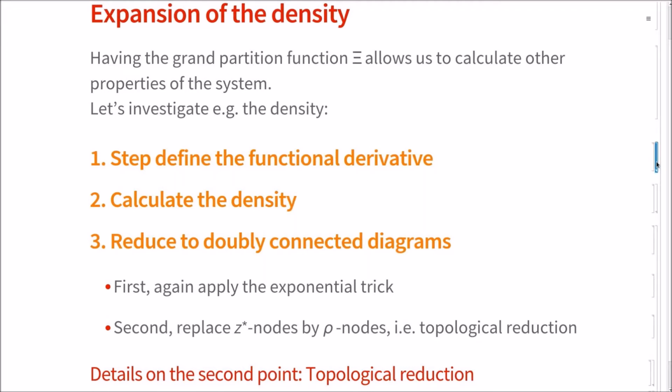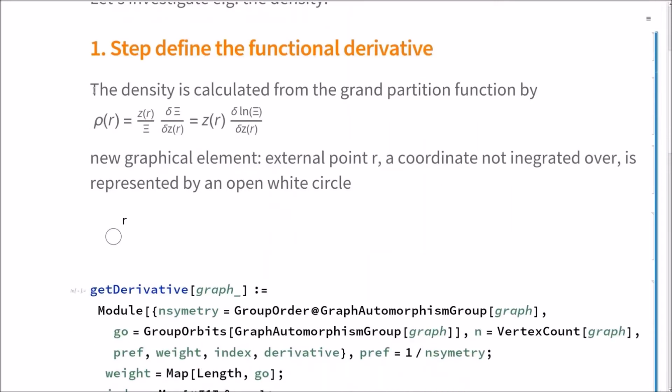density. And the density is defined as the functional derivative of this computational function with respect to the Z R factor. And in this way, with this prefactor, you can rewrite this a little bit, and we actually need the functional derivative of the logarithm of this computational function. So really only the connected diagrams are appearing here.